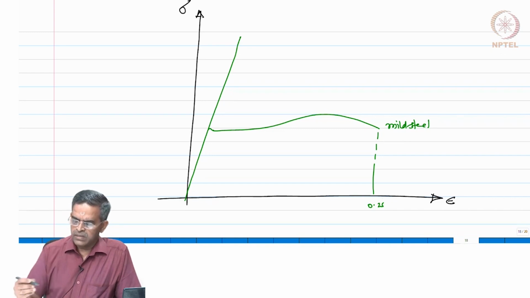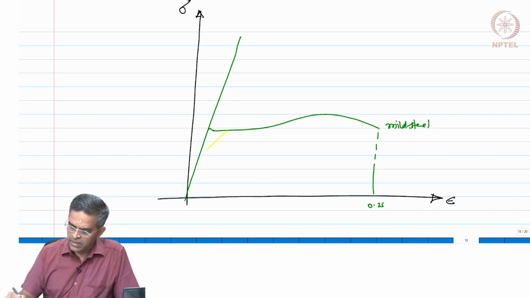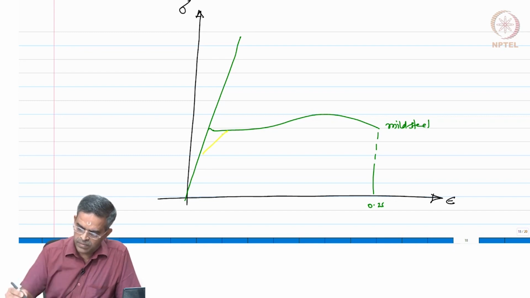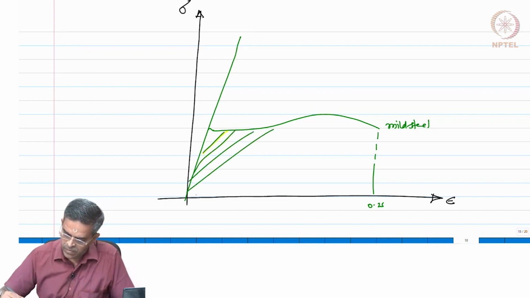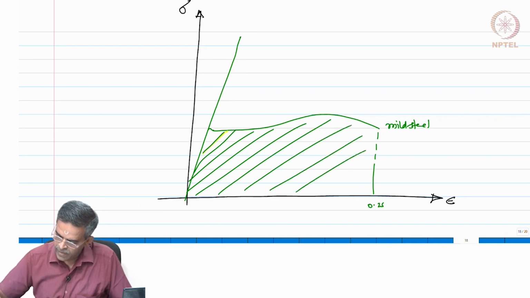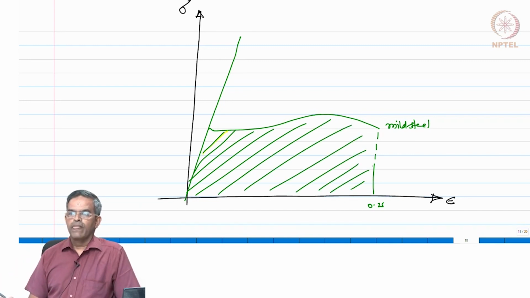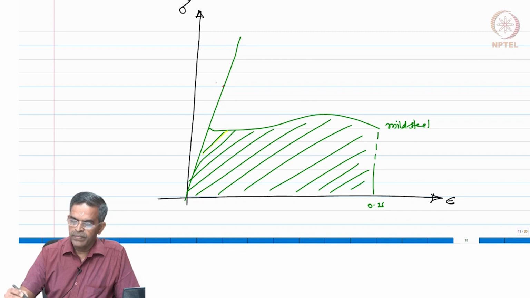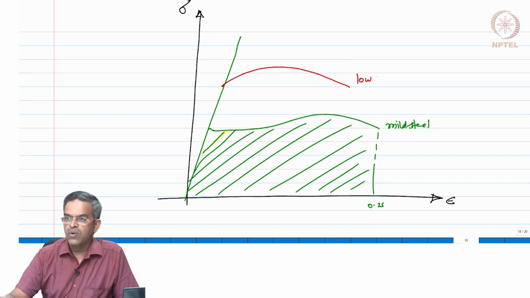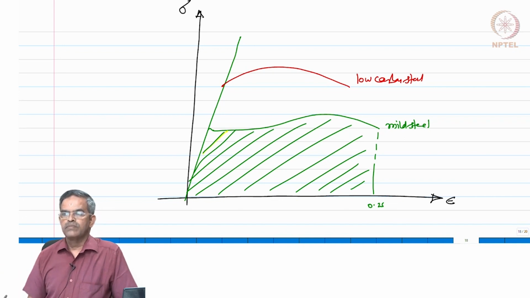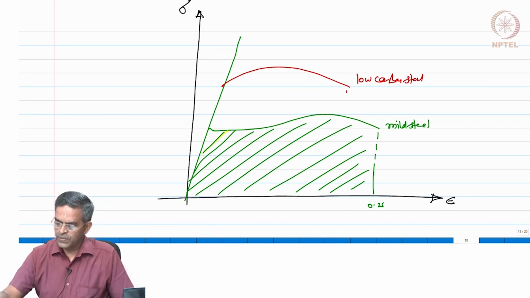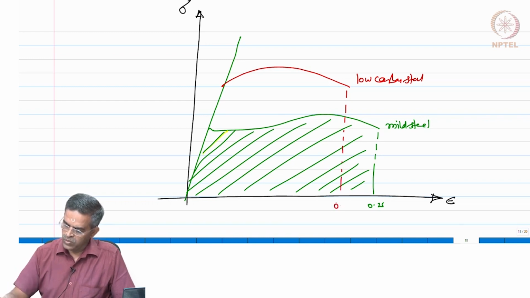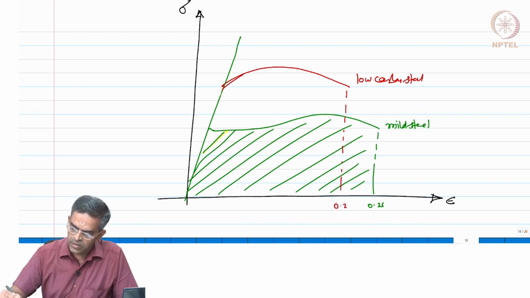If you look at the high strength steel, this is my mild steel. This is the energy we have. When you look at high strength steel, this is low carbon steel, and the limitation stops at about 0.2, and this becomes the energy.